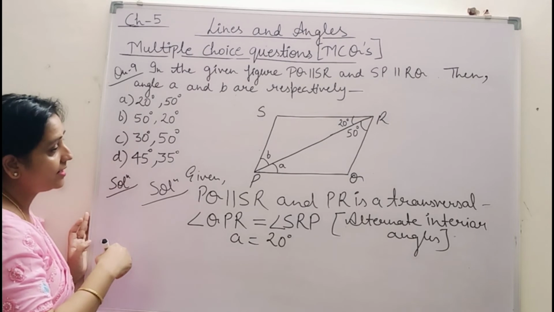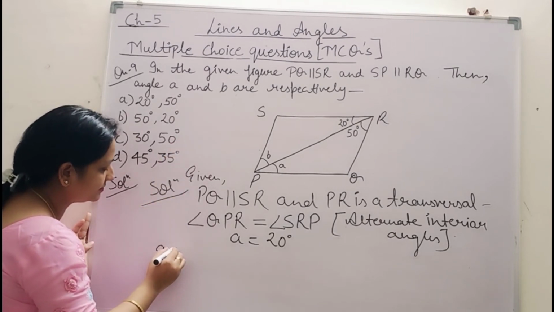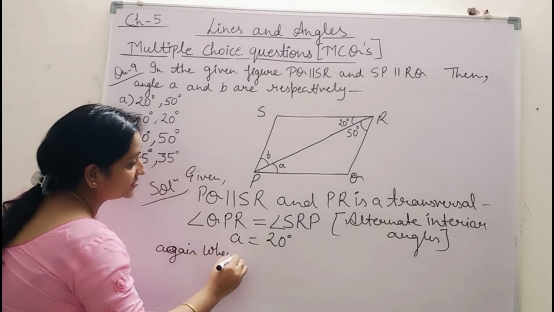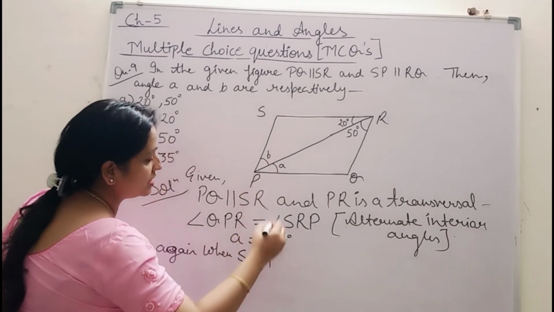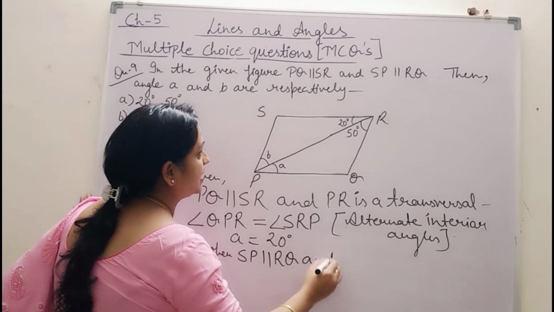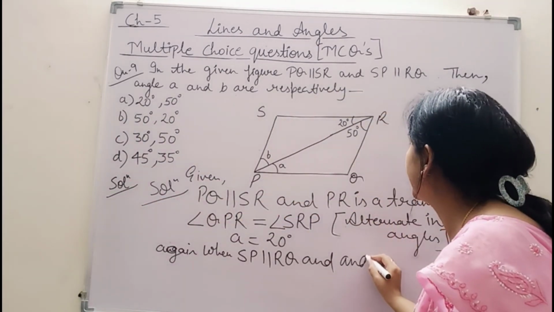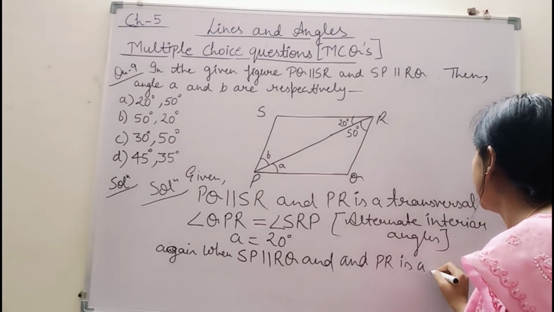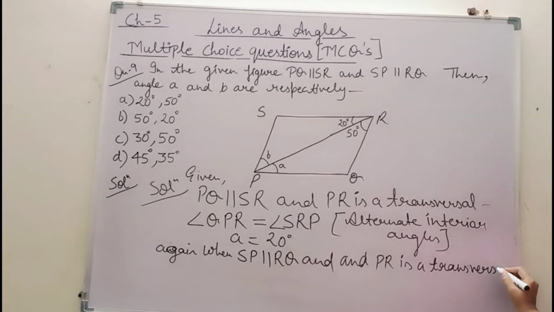Now again, SP is parallel to RQ, and again PR is a transversal.